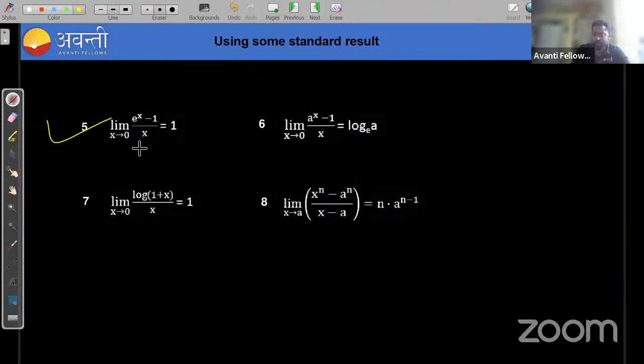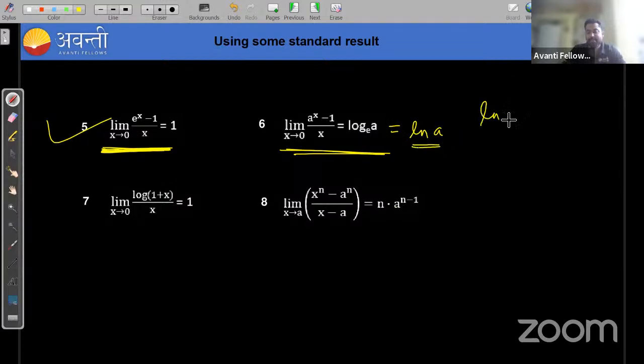Remember, limit x extending to 0, e raised to x minus 1 upon x is equal to 1. Important hai. And also limit x extending to 0, a raised to x minus 1 upon x is equal to log a to the base e. This you can also write as ln a.